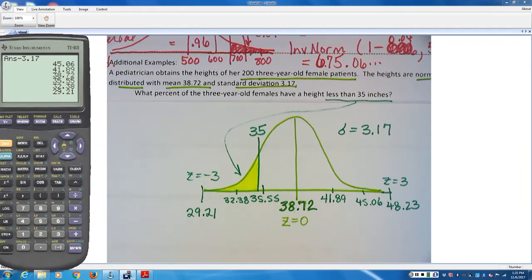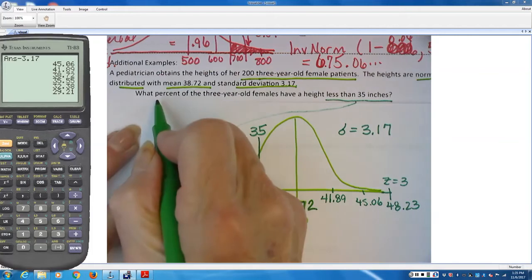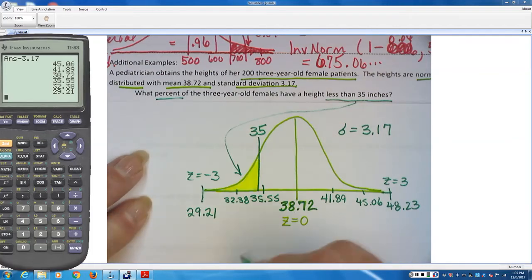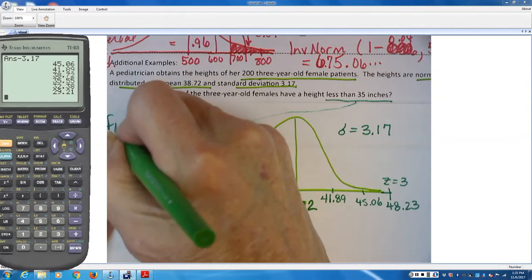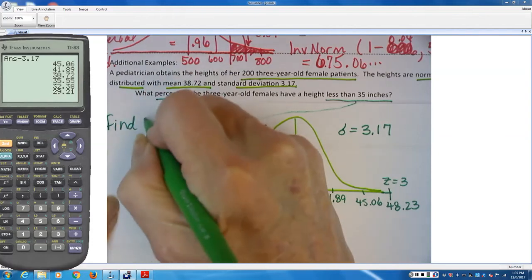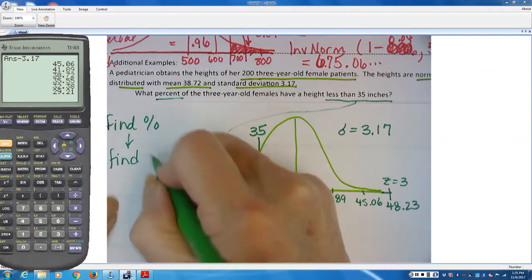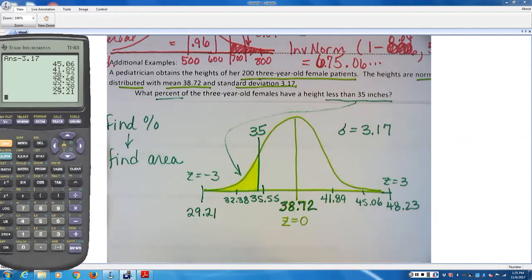So in order to find that area, because it said what percent, we were looking for area, then we're going to do normal CDF.